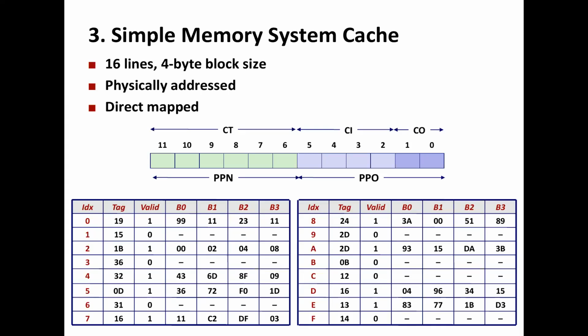So that offset will come later, once I need to extract the corresponding byte. But to determine the cache entry, I need to use the cache index. That will be how many bits? It's going to be 4 bits. 4 bits corresponds to 2 to the power of 4, 16. So we have 16 entries in cache from 0 to F.